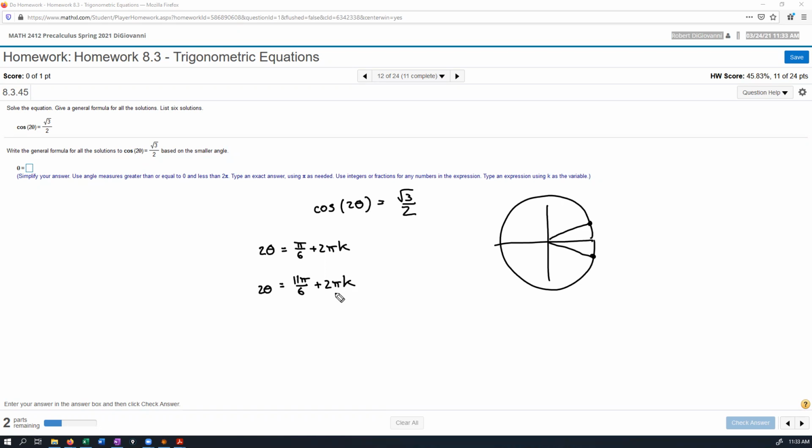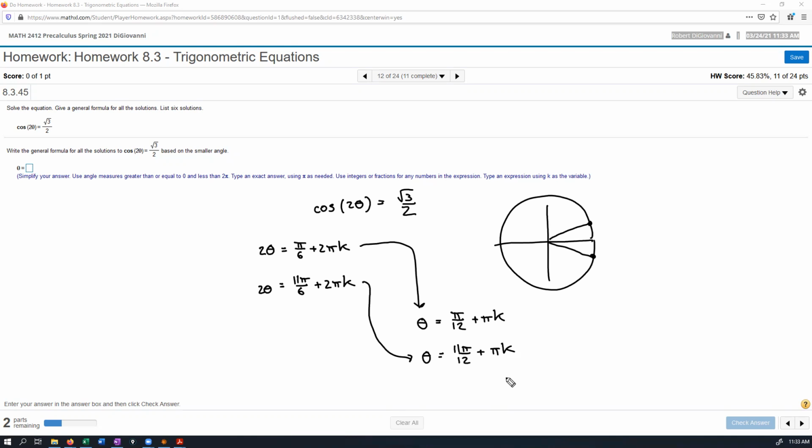And then now let's divide everything by 2. So to divide everything by 2, you get pi over 12 plus pi k. And on this one, if we divide by 2, you get 11 pi over 12 plus pi k.